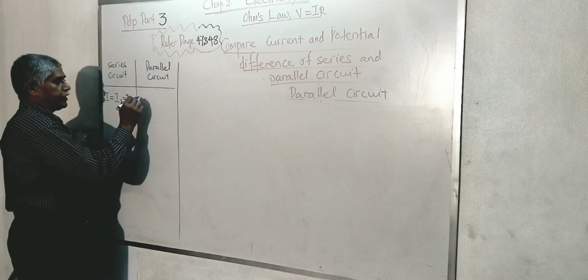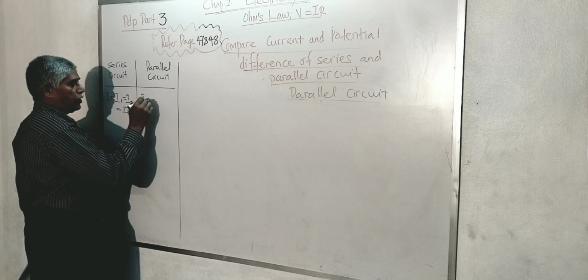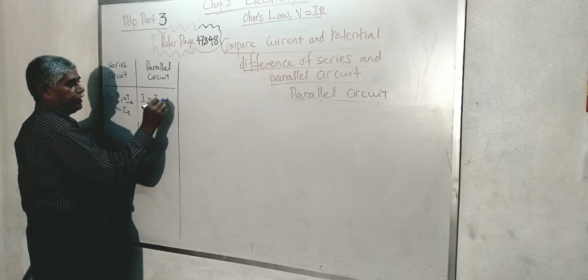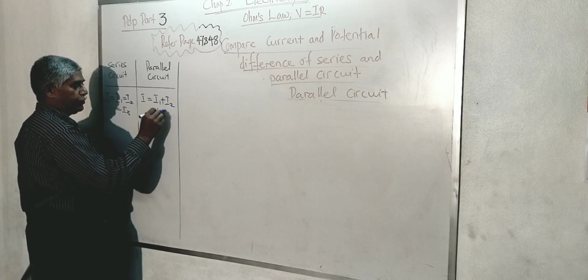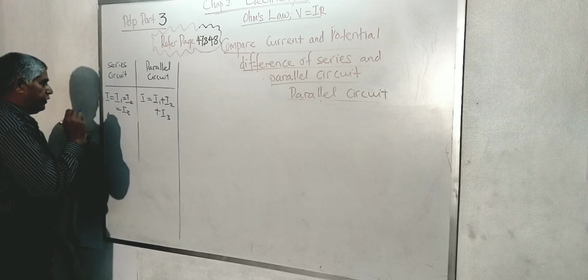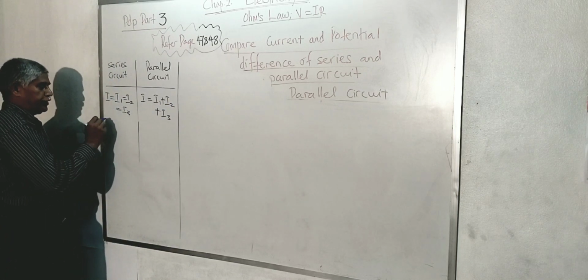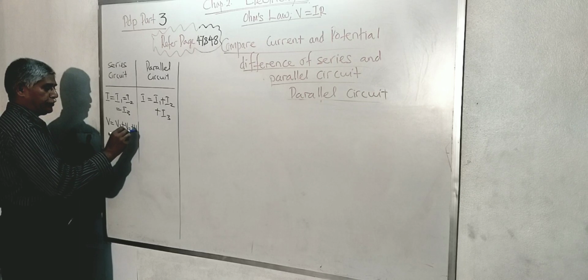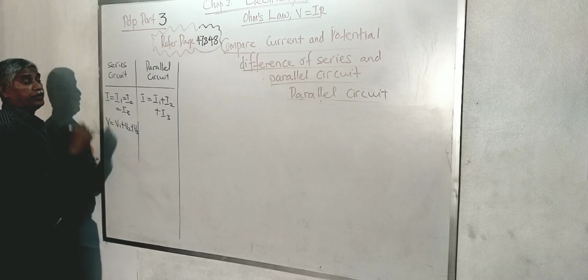Whereas for a parallel circuit the current is no longer the same, but it is the sum of the currents in each resistor, I1 plus I2 plus I3. Whereas for voltage in series, it is the sum of the voltage across each resistor, V1 plus V2 plus V3. This is based on 3 resistors.